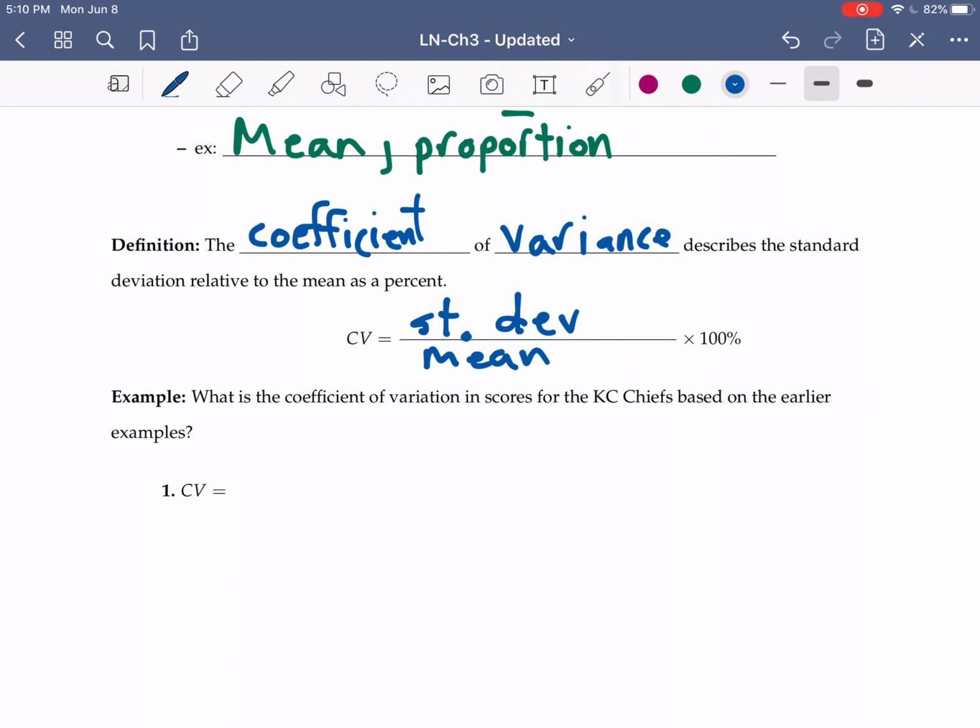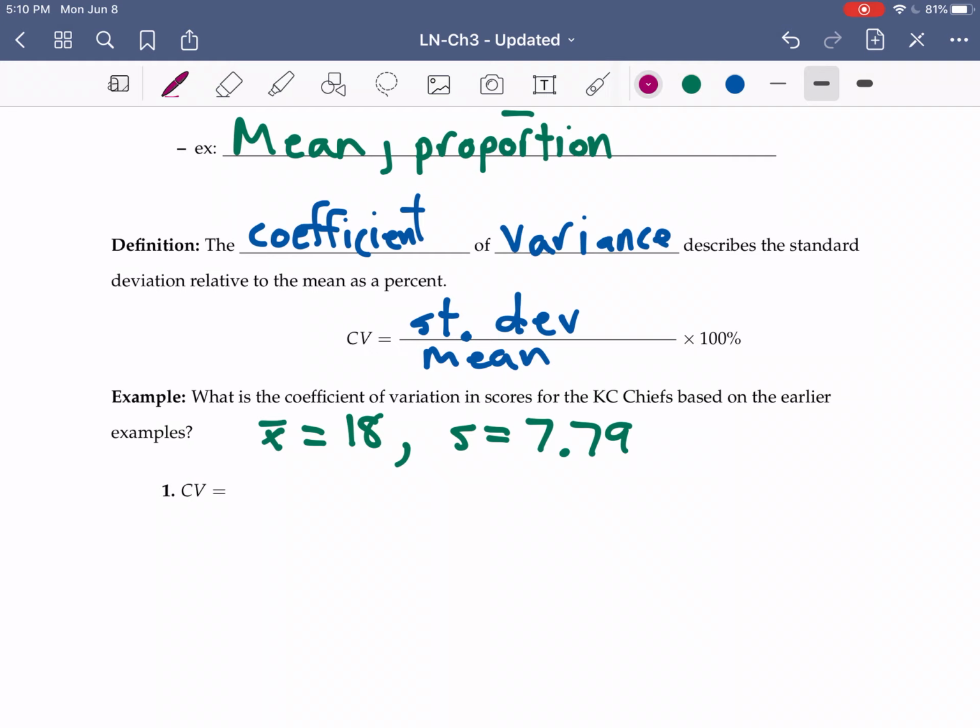So if we wanted to find the coefficient of variation for those scores in the Kansas City Chiefs games based on earlier examples, we previously found the mean for that sample set was 18. We found the standard deviation for that sample set was 7.79.